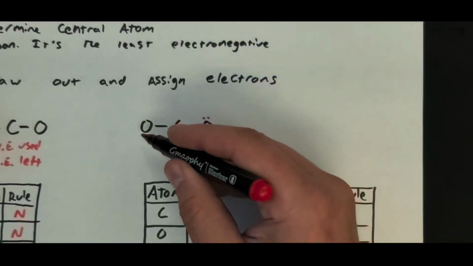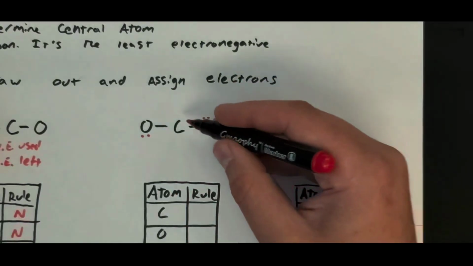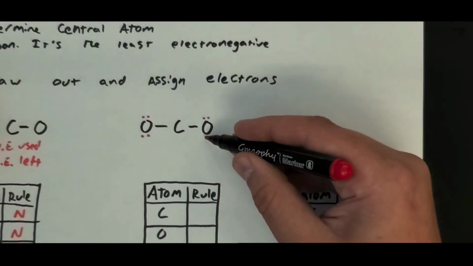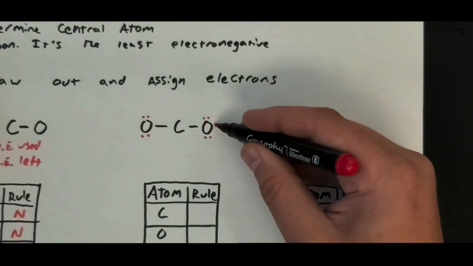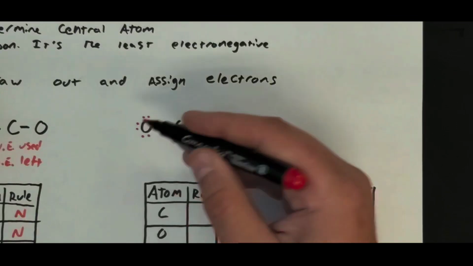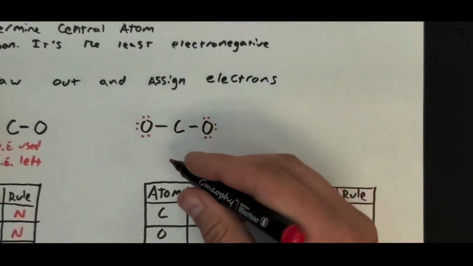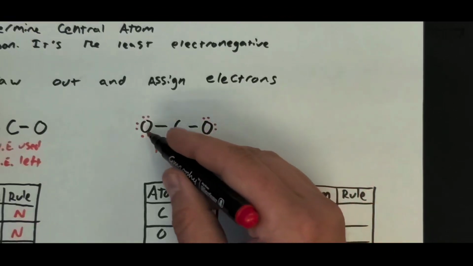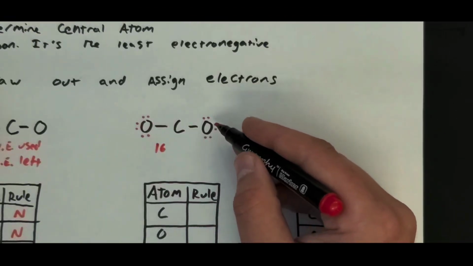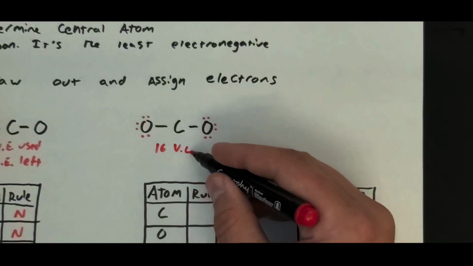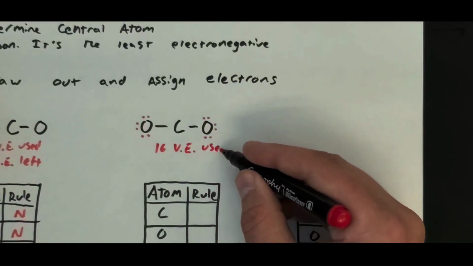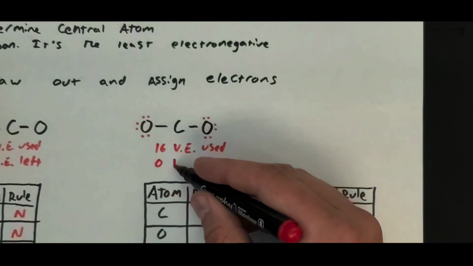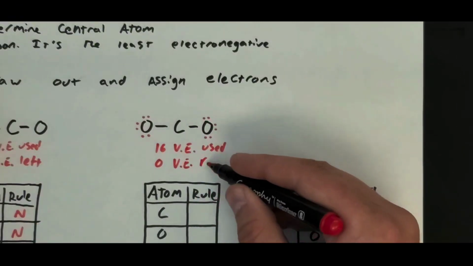So 1, 2, 3, 4, 5, 6, 7, 8, 9, 10, 11, 12. So now we've got all 16, so 2, 4, 6, 8, 10, 12, 14, 16 valence electrons used. We have no valence electrons remaining.